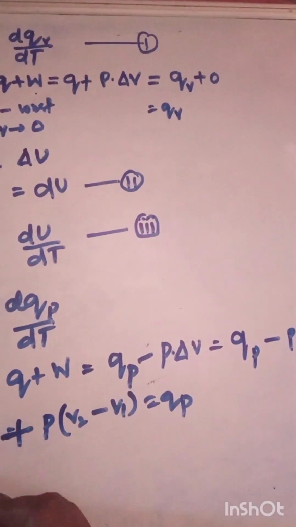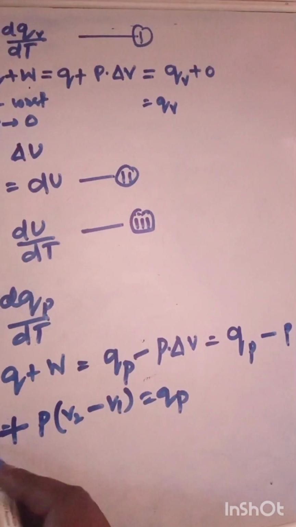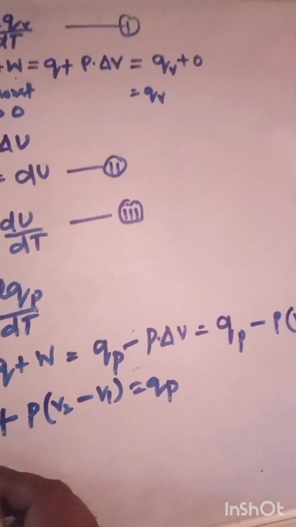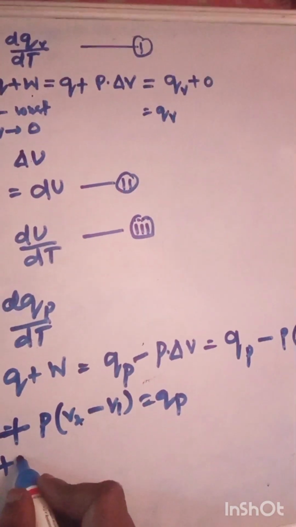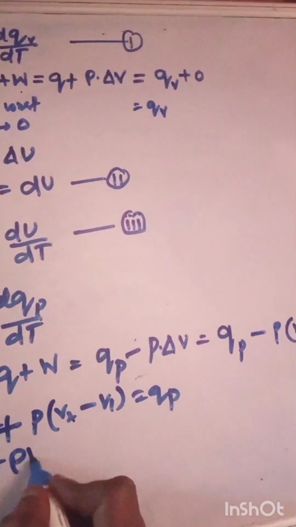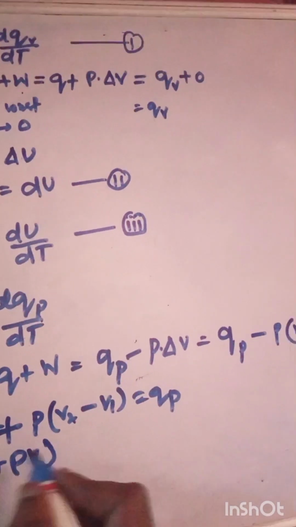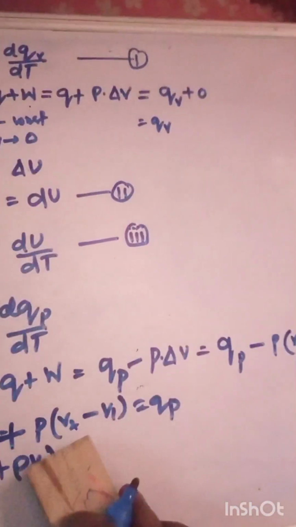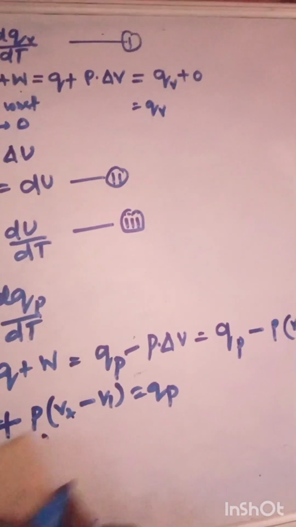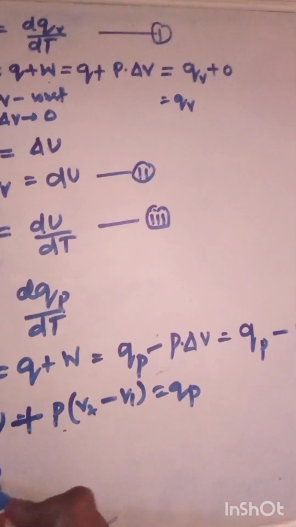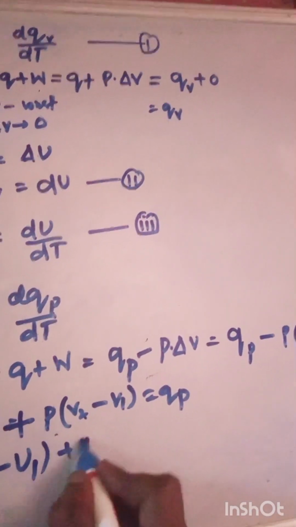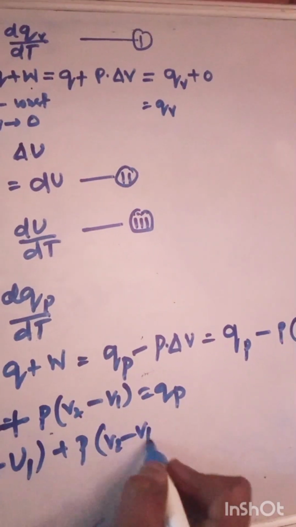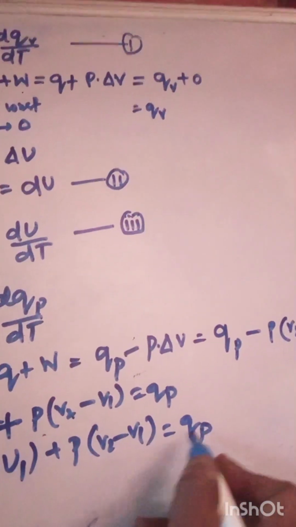We can write it as (U2 minus U1) plus P(V2 minus V1) equals Qp.